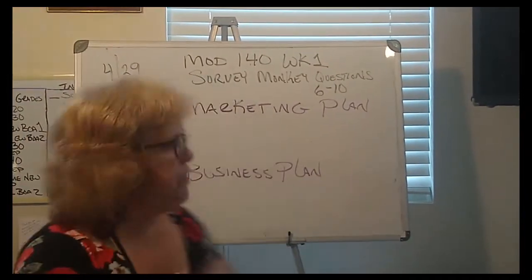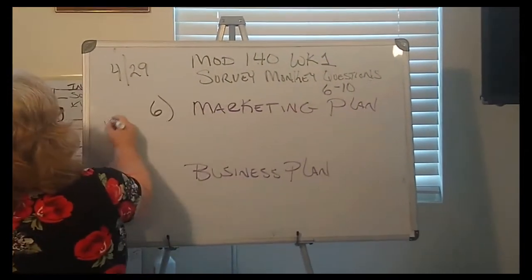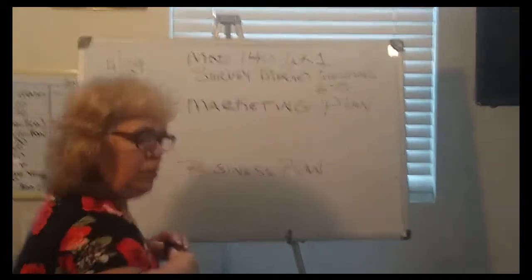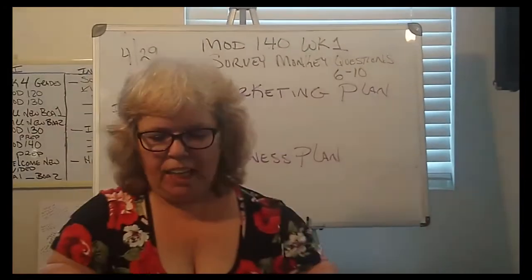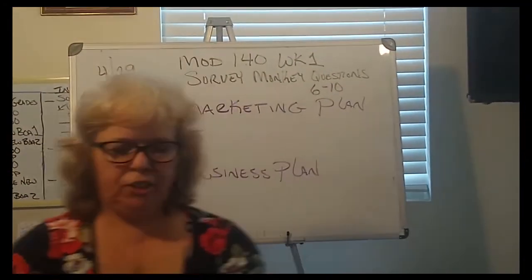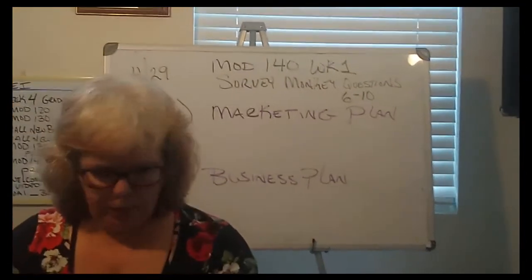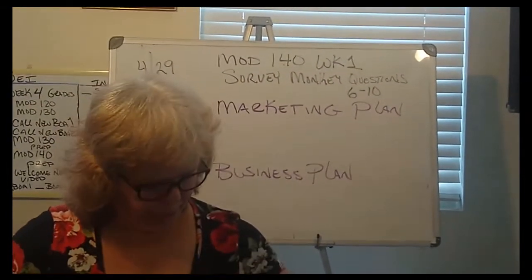So if you go to page 56, it talks about, in fact, it's a little section in the textbook outside of the chapters that goes over marketing plans. So page 56.